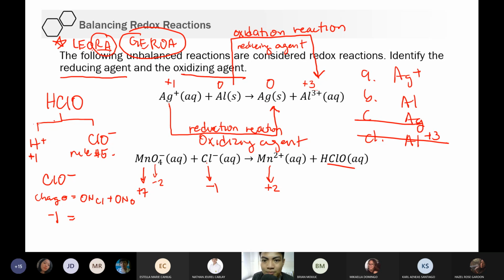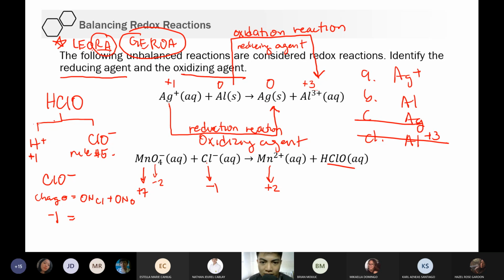Okay? So for example, ClO is an oxyanion. Cl is in group 7. Ibig sabihin, Cl doesn't follow the rules kanina. Okay? So, yun. Paki-note na lang sa notebook niyo. Okay. Kapag nakakita ka ng oxyanion, yung element na nag-oxyanion, hindi yun nasunod ng rules ng oxidation number. Si oxygen, masunurin yan.